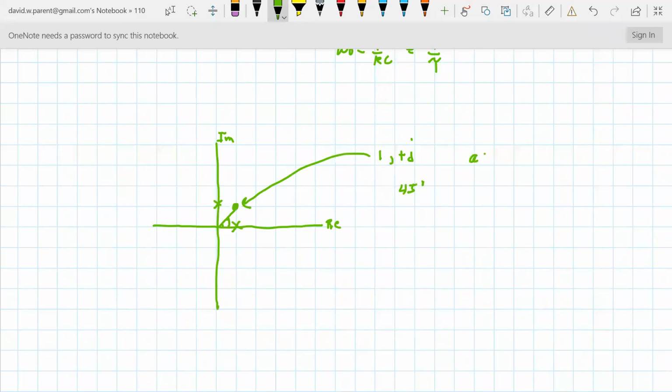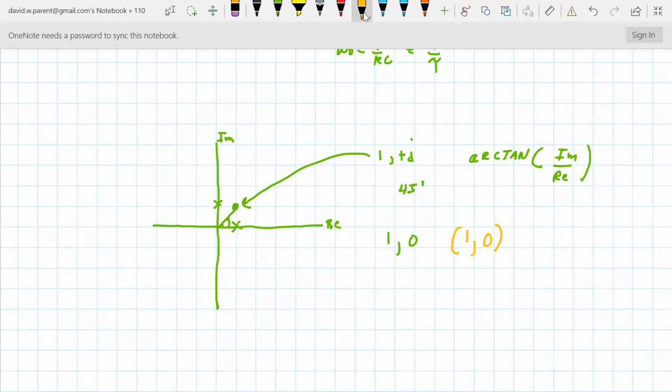Because the phase is the imaginary part divided by the real part. All right. So what if I had 1, 0?